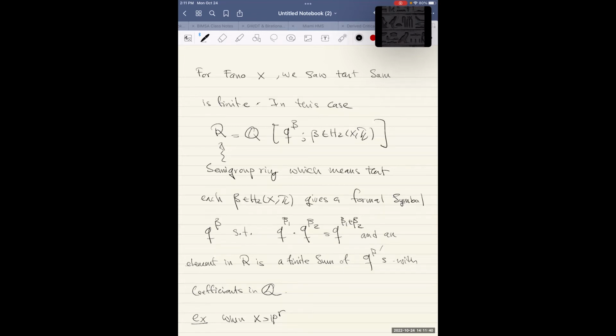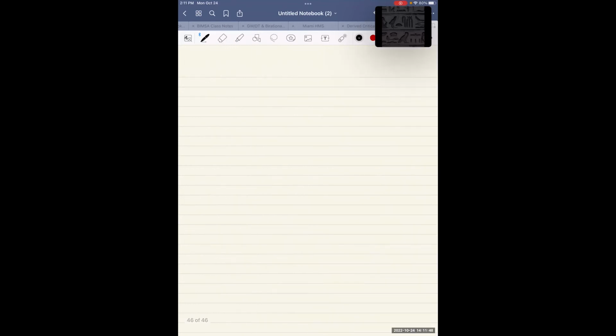So it's Fano. So we have that this semigroup ring, formal ring made of the cohomology ring of P^r, becomes Q[q, q^-1], the ring of Laurent polynomials in this formal variable q.